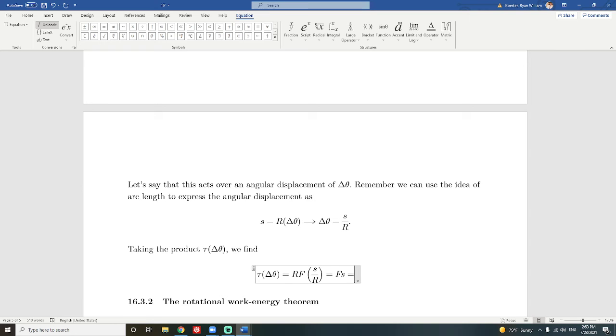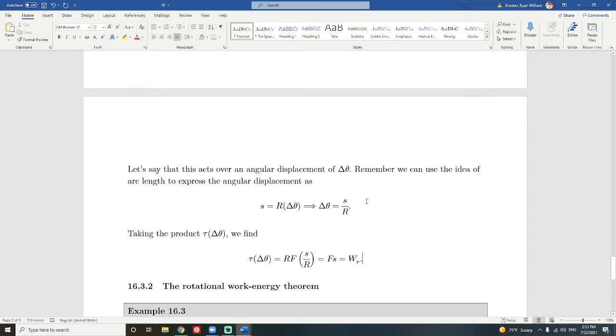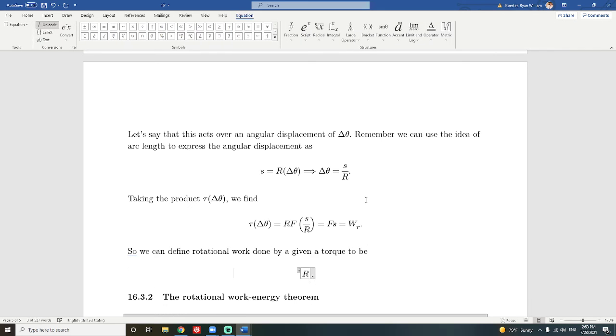It's just a force times the displacement, or a distance, I should say. And this is what we'll call the rotational work. Okay. So this means we can define rotational work done by a given torque to be this.